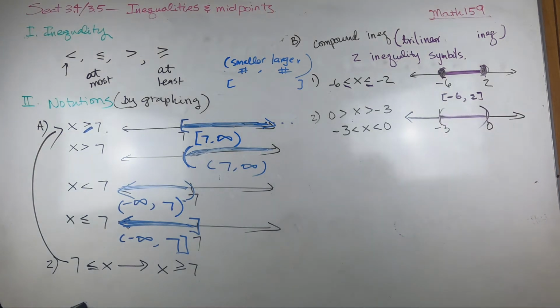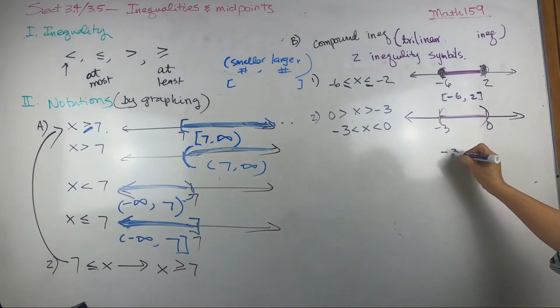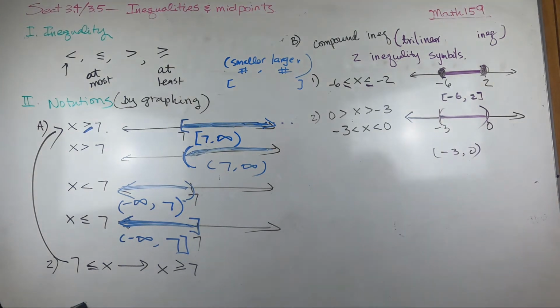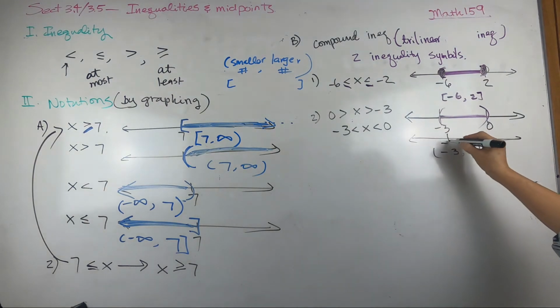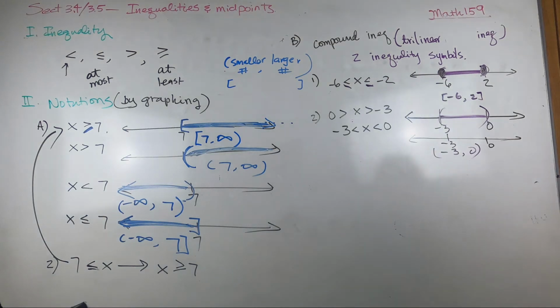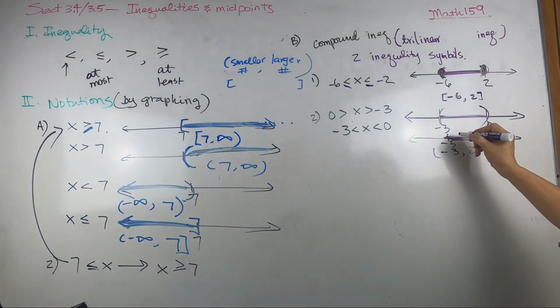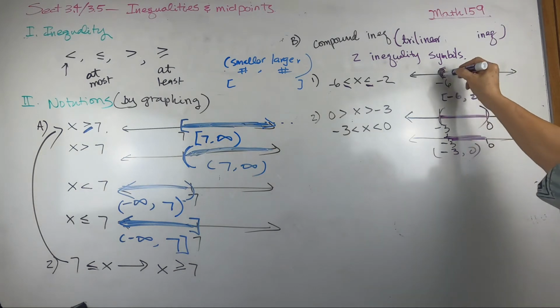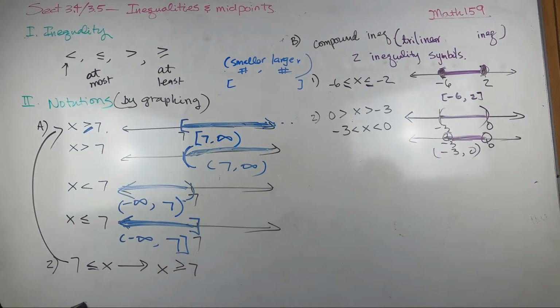If you use interval notation, you use -3 to 0 with parentheses. Then in stats, since we are not including the endpoints, instead of a solid dot we use a hollow circle.